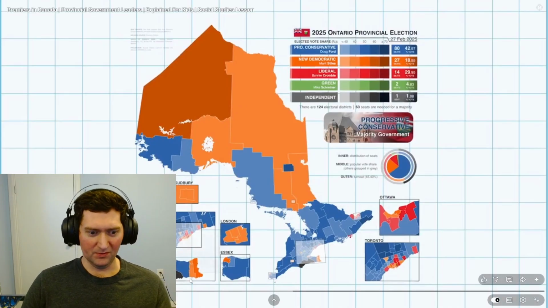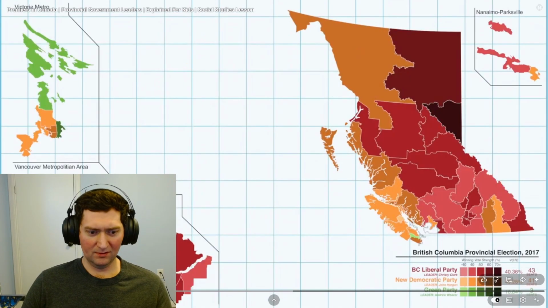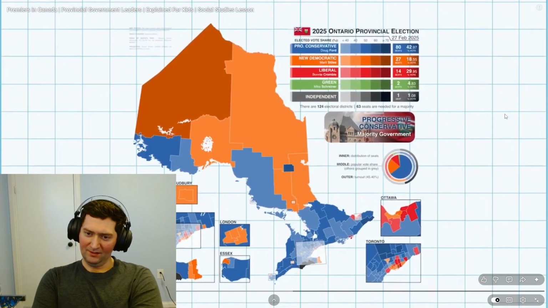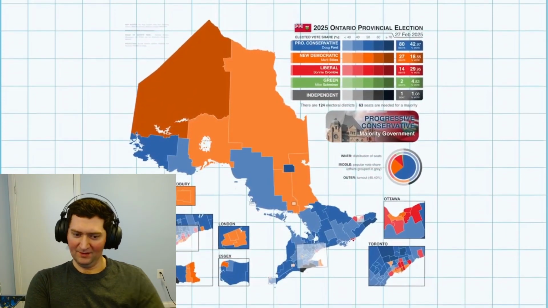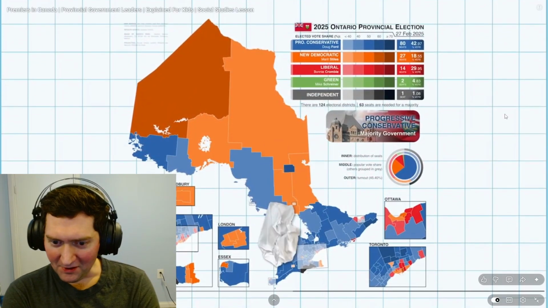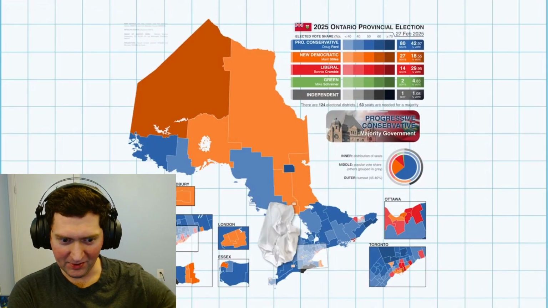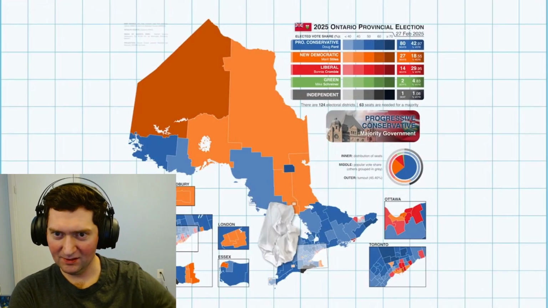The Liberals won, right? I guess there's a lot of red there. Okay, I was just gonna keep watching. Ontario is conservative. Look at that. All the zones outside the city.